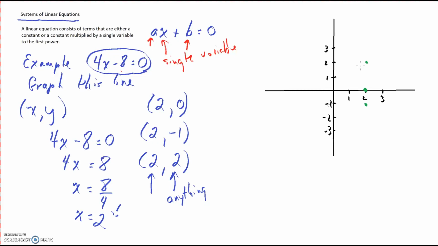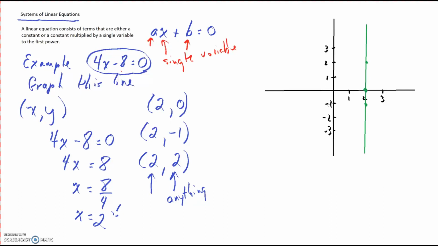Okay, have you started to see the pattern here? Every x value in these points is 2. The y could be anything, so our up or down is anywhere along this line. And so when we go to graph the line, it actually looks like this, right there.